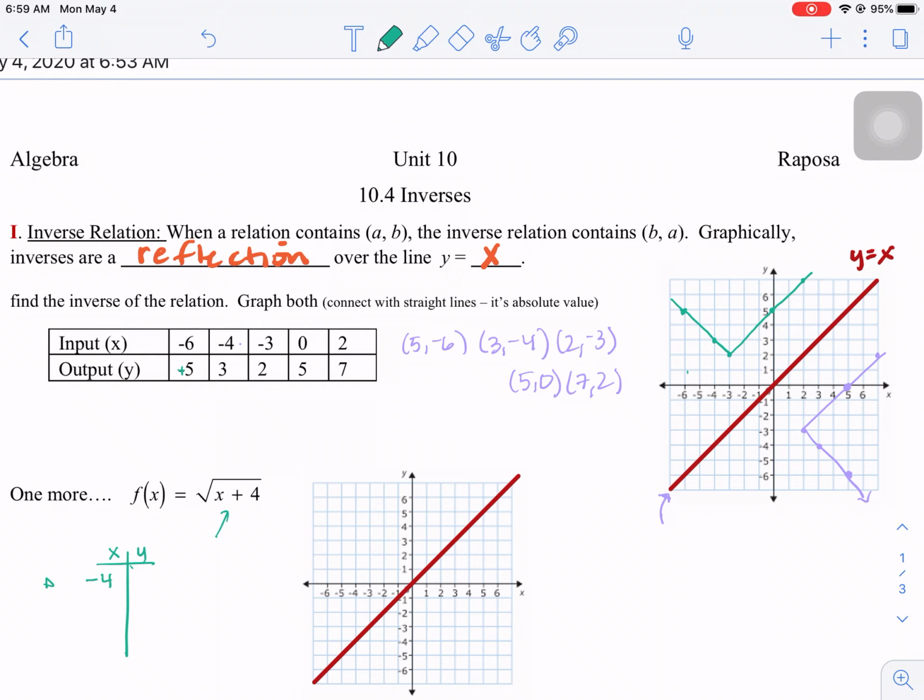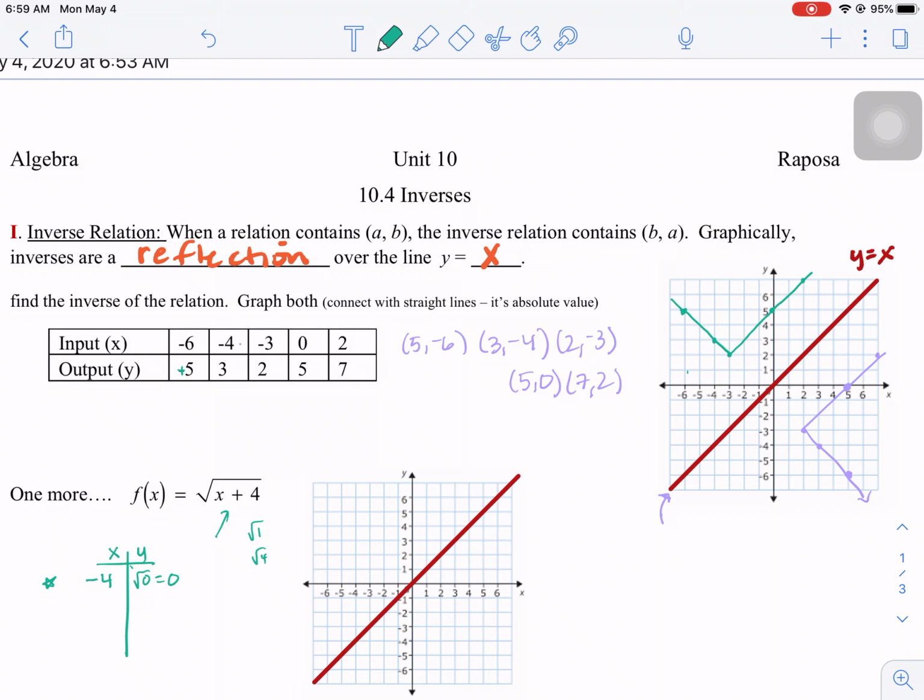So that's our starting point, the end point of the function. When I plug in -4, I'm going to get the square root of 0, which is 0. Great. We want to plug in good numbers, things that are going to give us the square root of 1, the square root of 4, or the square root of 9, which wouldn't quite fit on our graph. So we're going to look for these two.